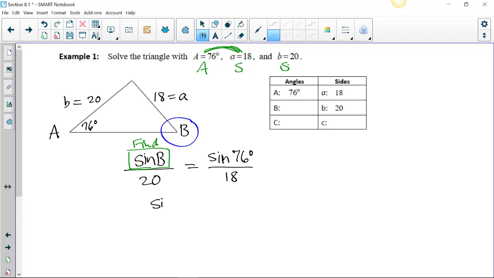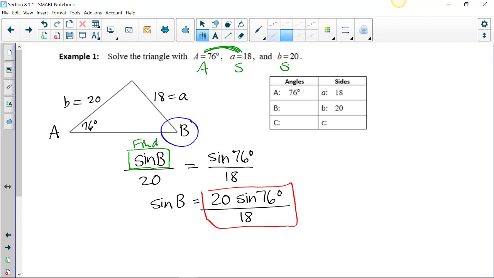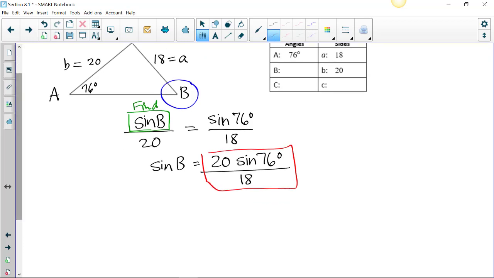So to find the sine of B, I take 20 times the sine of 76 degrees, and I divide by 18. Okay, now I want you to put this in your calculator. What do you get?